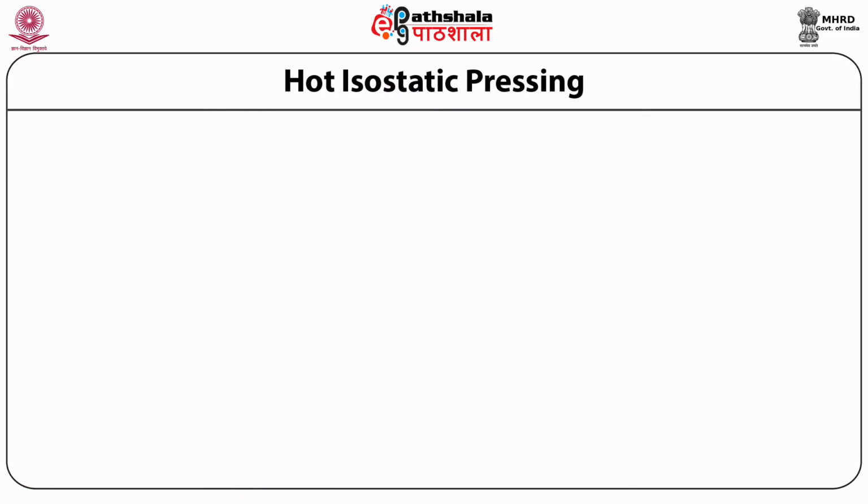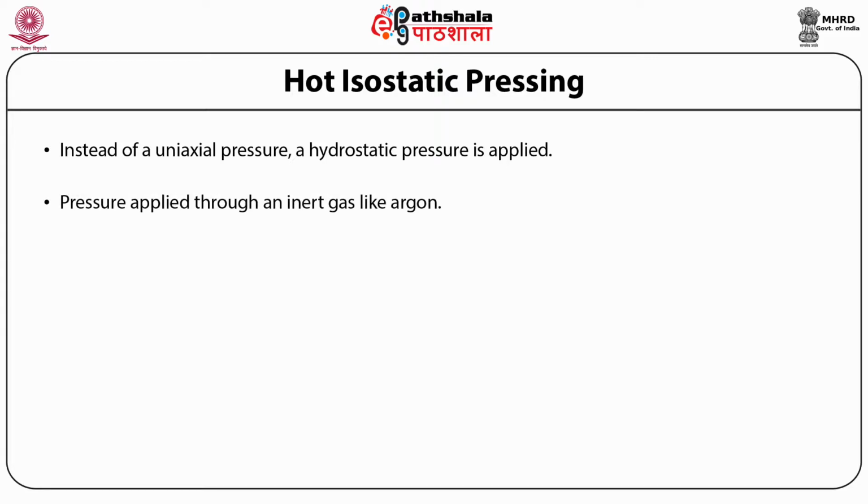Hot isostatic pressing. In hot isostatic pressing, instead of a uniaxial pressure, a hydrostatic pressure is applied through a pressurized gas such as argon. Parts of complex shape can be manufactured, and the green compact has to be encapsulated in a foil of soft stainless steel for low temperatures and a refractory metal such as tantalum or molybdenum for higher temperatures.